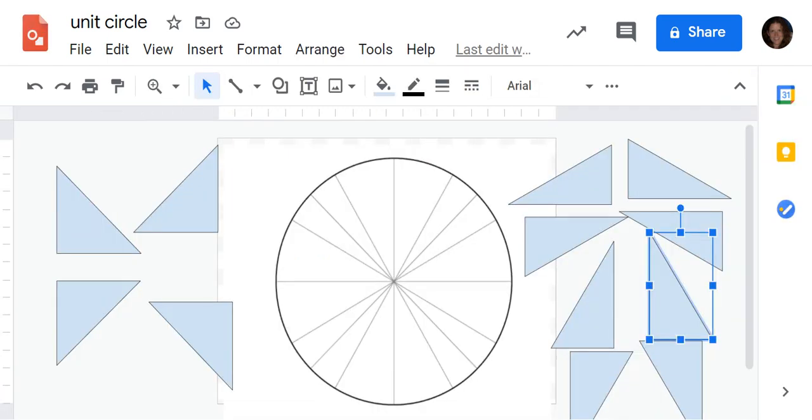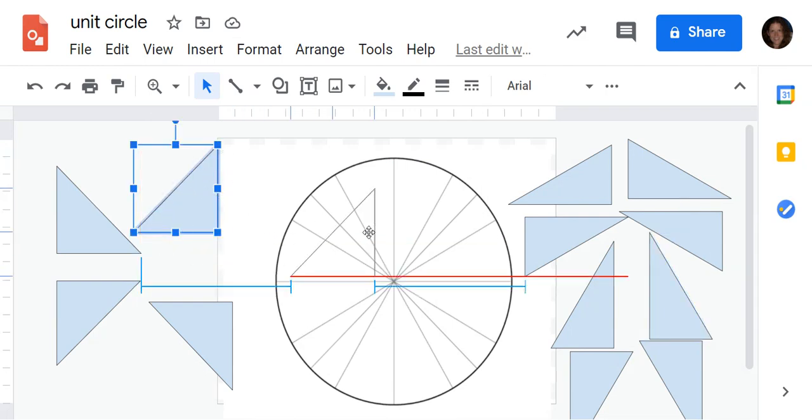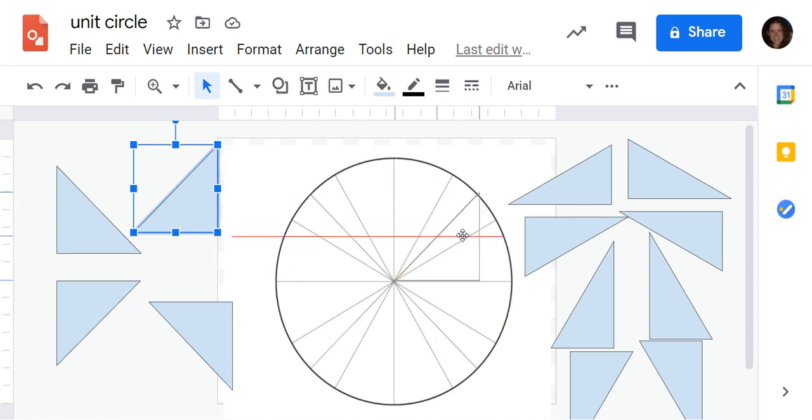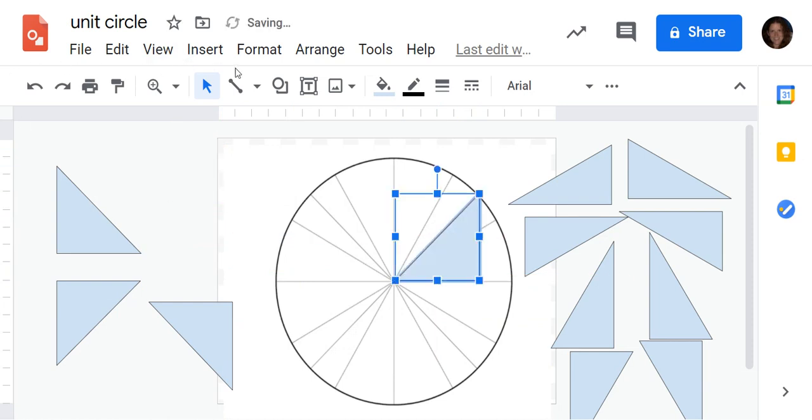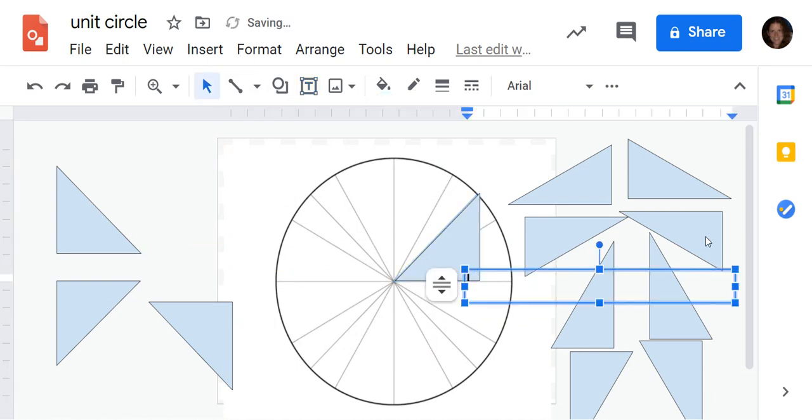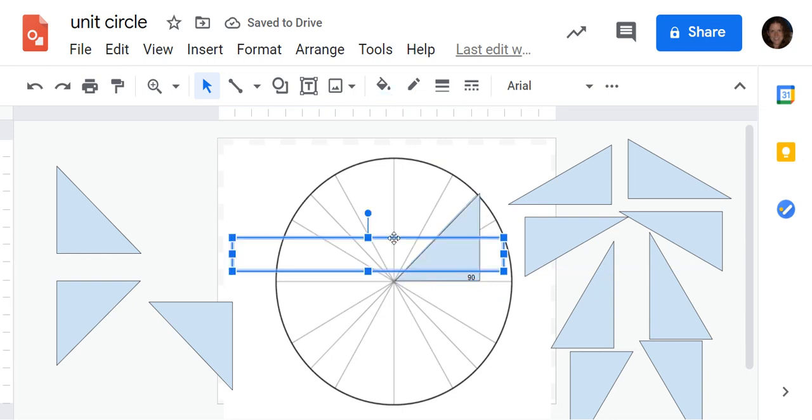So we're going to look right here. We're going to look at special right triangles, which we've already talked about. So if we move this one in place first, now this is a 90 degrees, and it's 45, 45, 90.